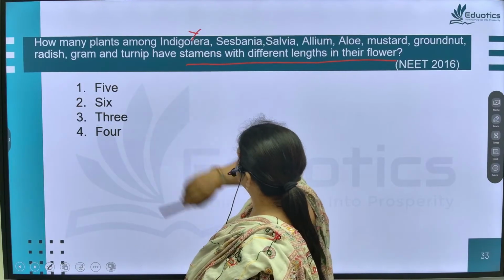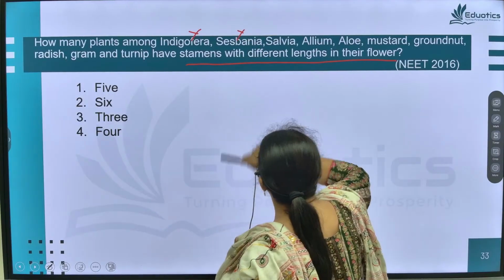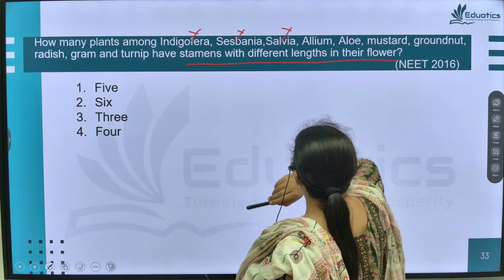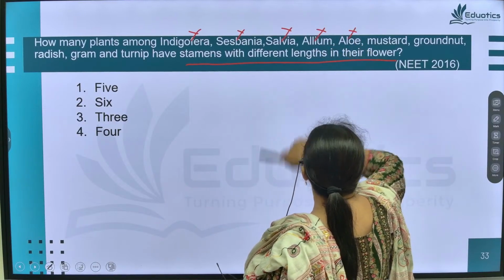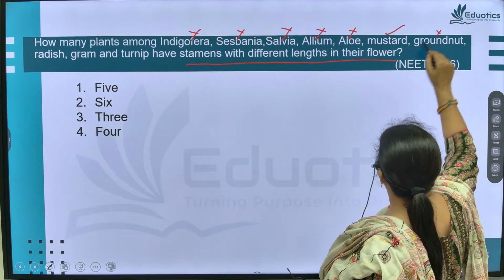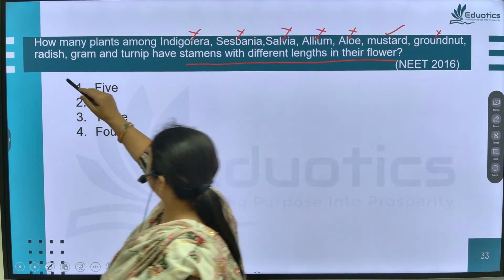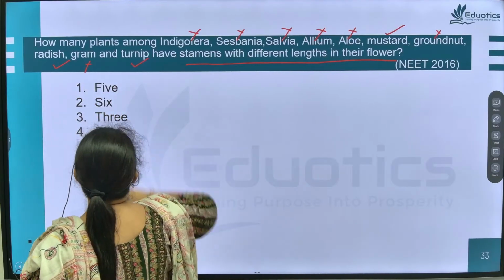Indigofera, not belonging to it. Sesbania, not belonging. Salvia, no. Allium, no. Aloe, no. Mustard, yes. Groundnut, no. Radish, yes. Gram, no. Turnip, yes.